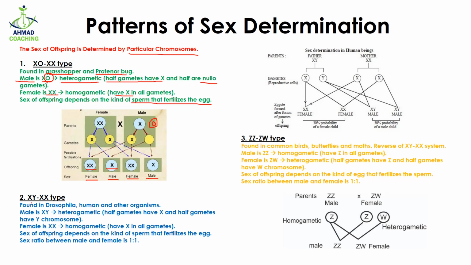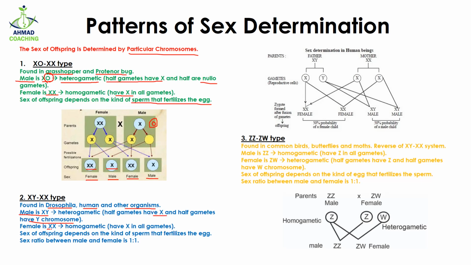The next type is the XY-XX type. This type of system is found in Drosophila, humans and other organisms. In this system, the male is XY. XY means that the male is going to be heterogametic. The male is going to produce half the gametes with X and half with the Y chromosome.